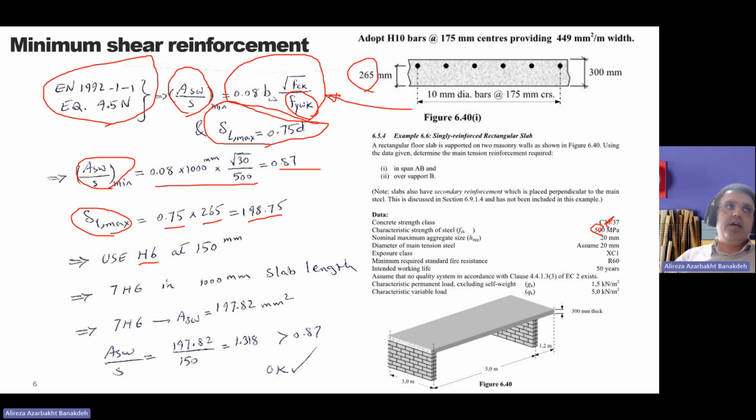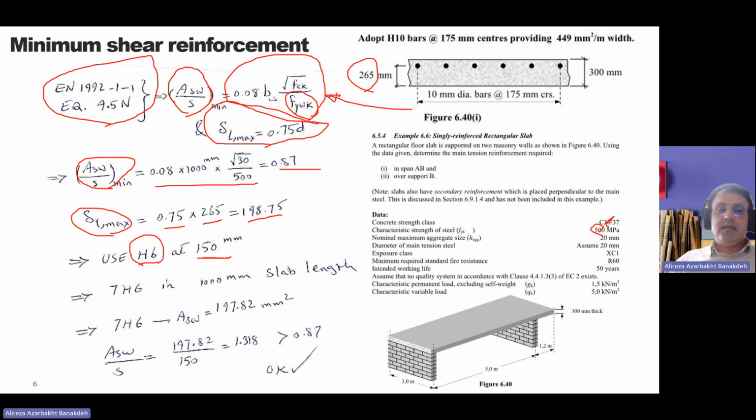Really, it should be fine for all the sections, either 6 or 8. And in very rare situations, you use number 10, but usually you should be able to design your section by H6 or H8. So I'm using H6 at every 150 millimeter, just to be less than 198. I don't want to round it up because I need to be less than this. So 150 is a round number, which makes the construction easy as well.